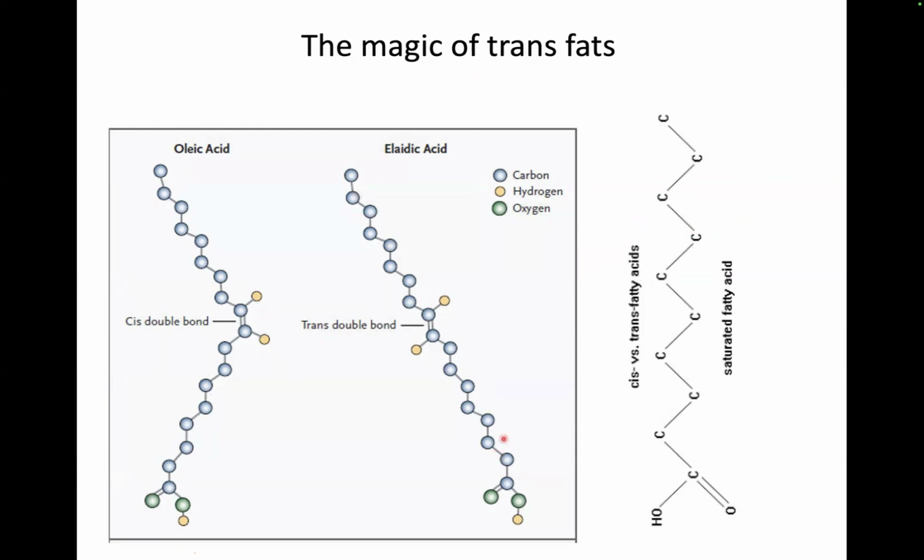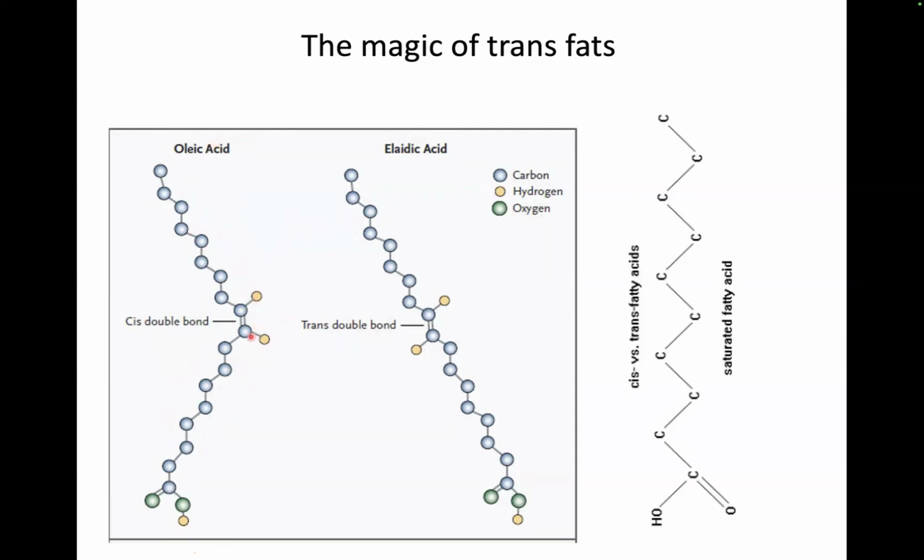And the reason that we liked trans fats at that time is because you could take plant oils. Plant oils are usually unsaturated fatty acids, and unsaturated means not saturated with hydrogens, and so there are double bonds in these plant oils.